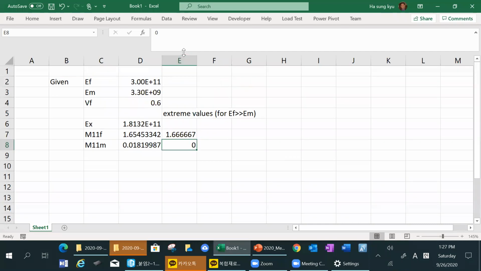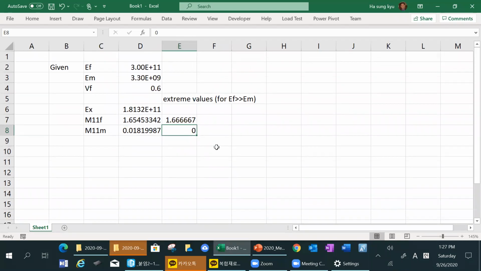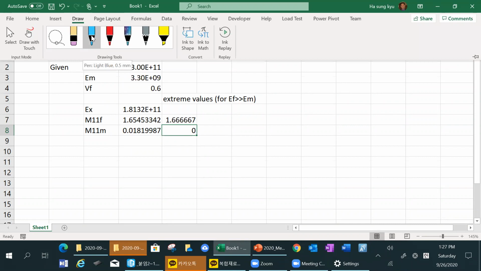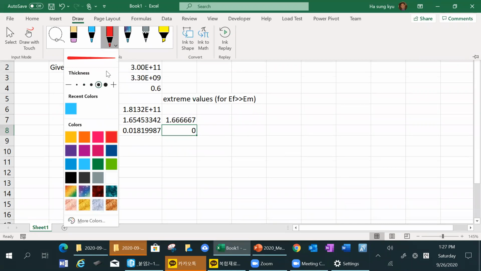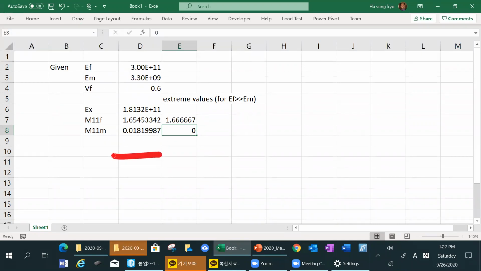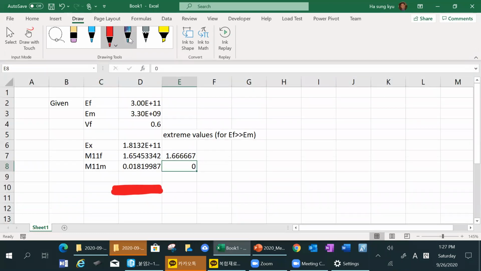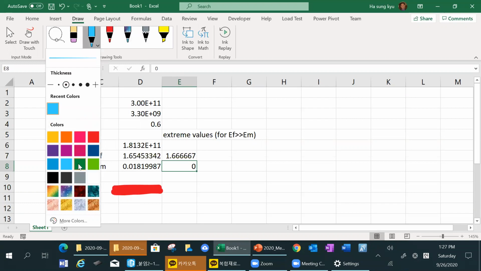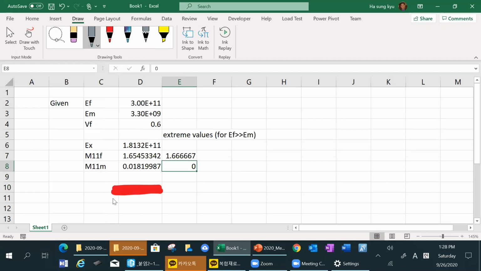I'd like to discuss this physically. Let's say we have a fiber and we have a matrix, right?